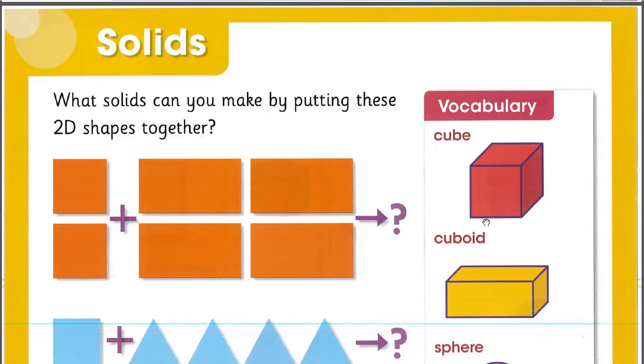What solids can you make by putting these 2D shapes together?